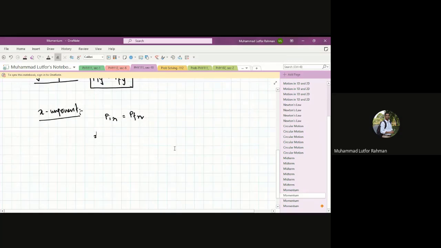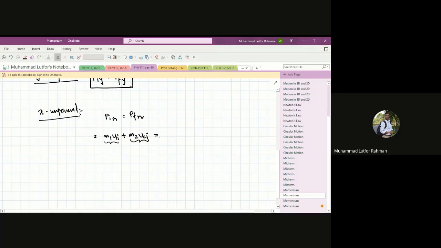So it would be M1 V1I, the momentum of the first object initially, plus M2 V2I, must be equal to the initial component of momentum. This is for object M1 and this is for object M2.